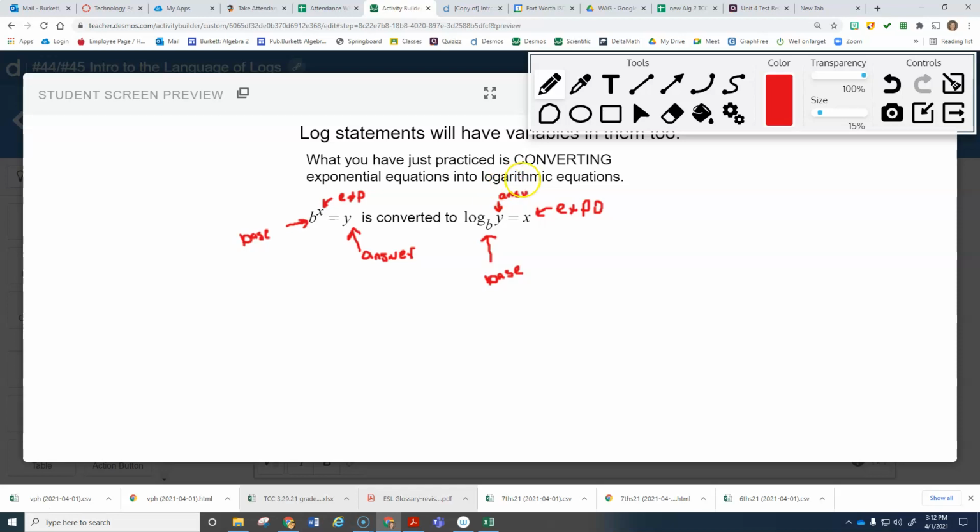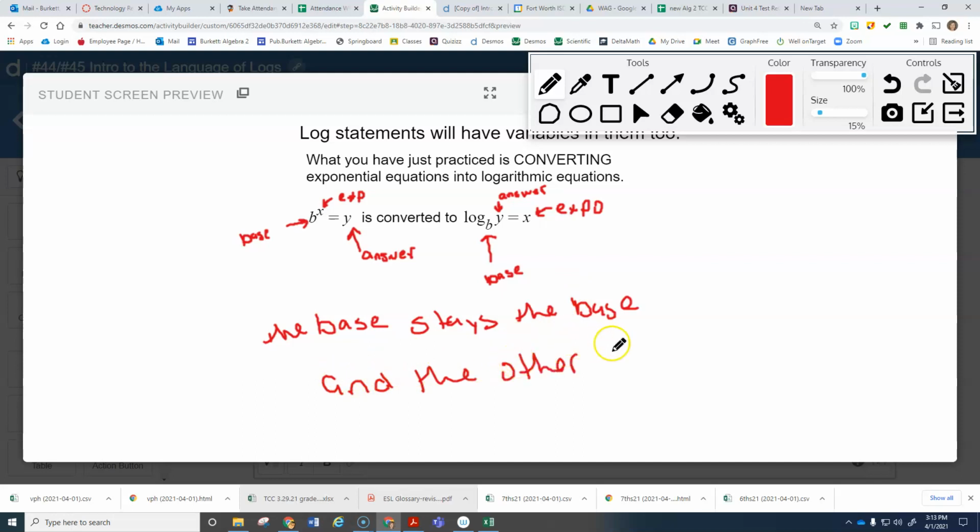So here's how I remember how to convert from an exponential to a log, or from a log back to the exponential. I remember it as: the base stays the base, and the other two switch places.